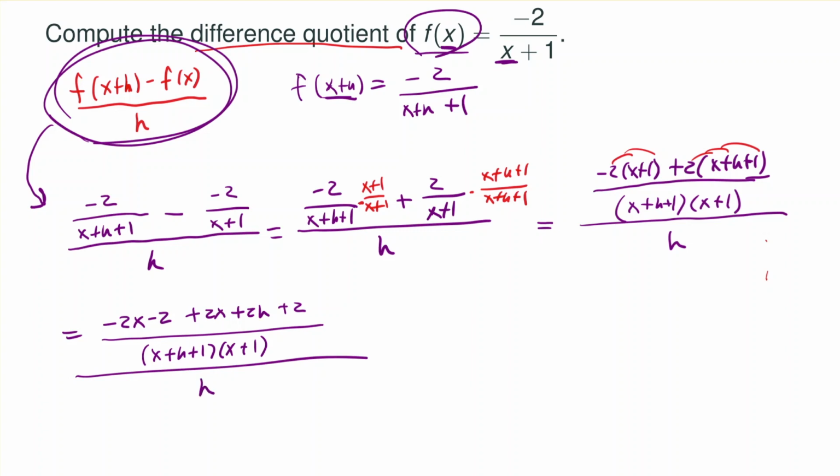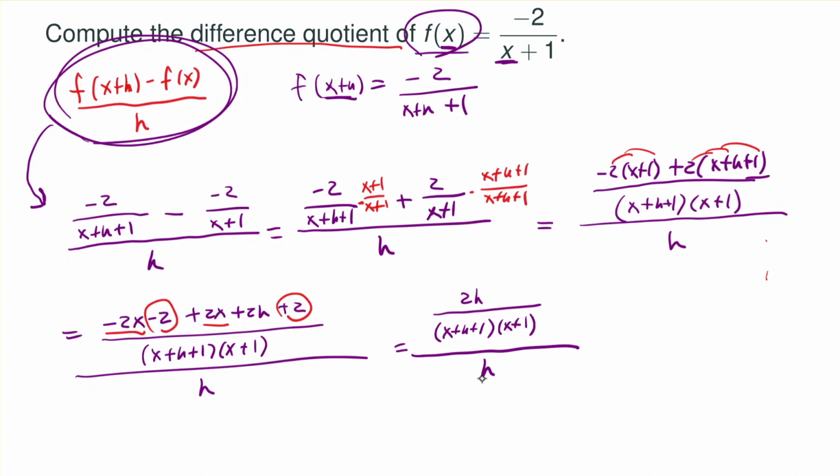Then we can collect like terms. Negative 2x and positive 2x cancel out, negative 2 and positive 2 cancel out. So what we have left in the top is 2h over x plus h plus 1 times x plus 1, entire thing over h.